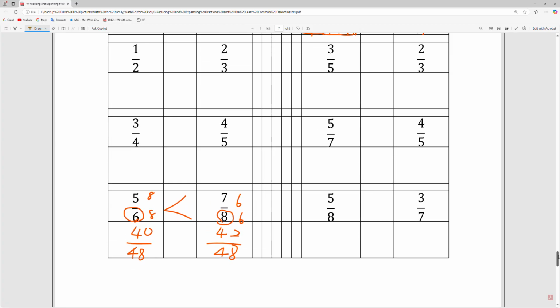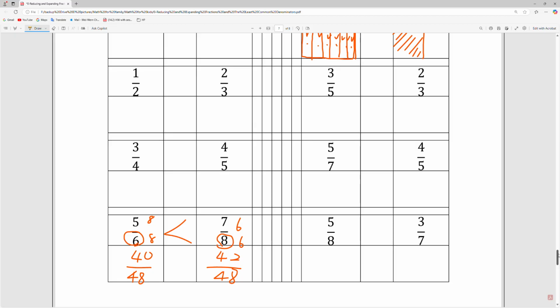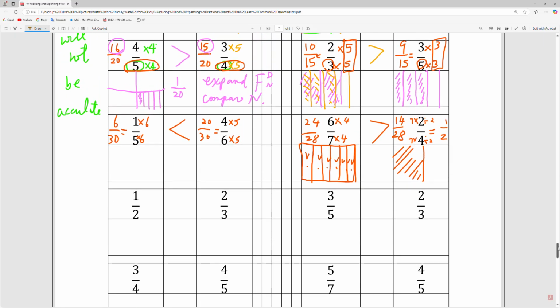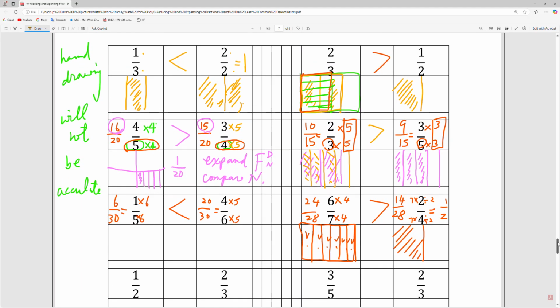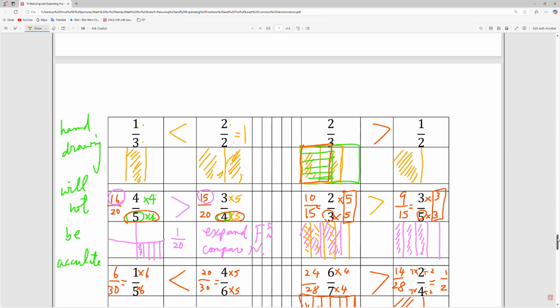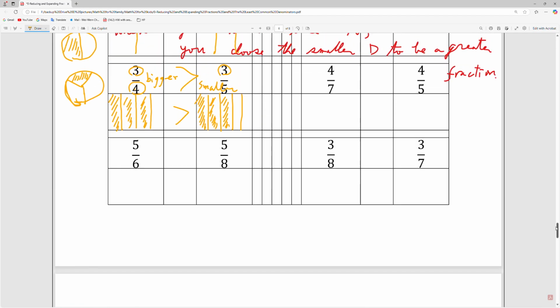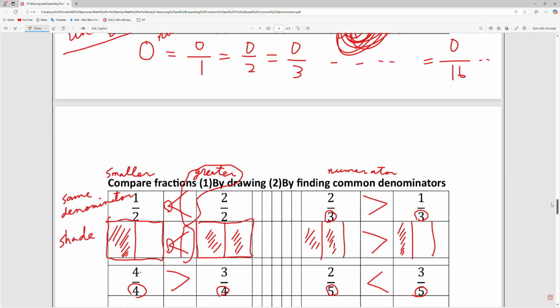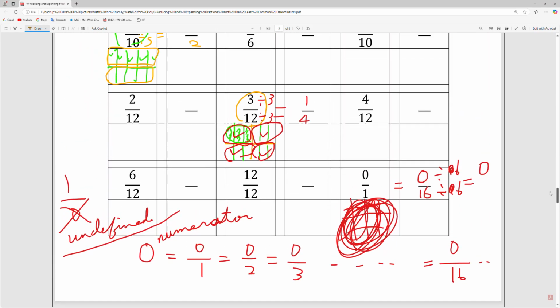And another concept I focus on in this video is you use drawing to see that whether you expand the fraction or reduce the fraction, they are all equal.